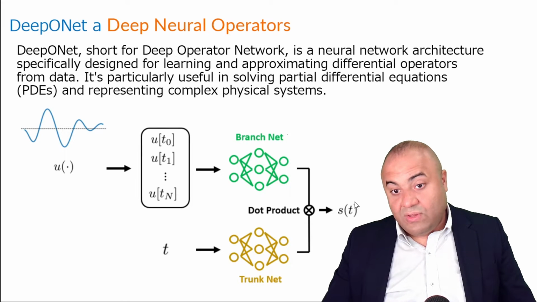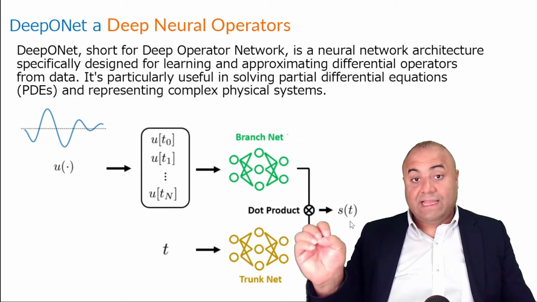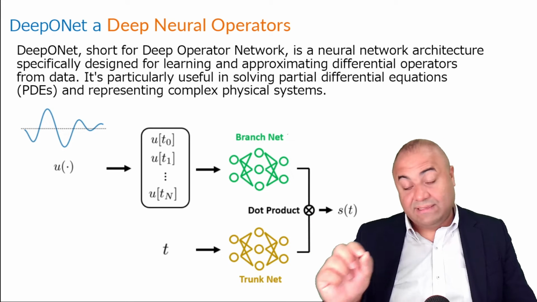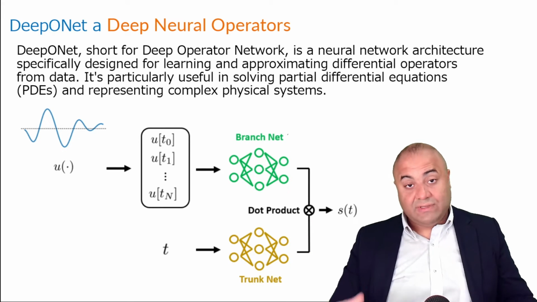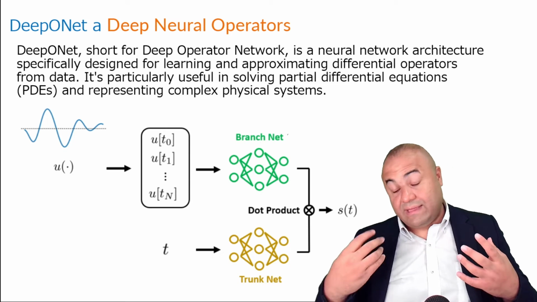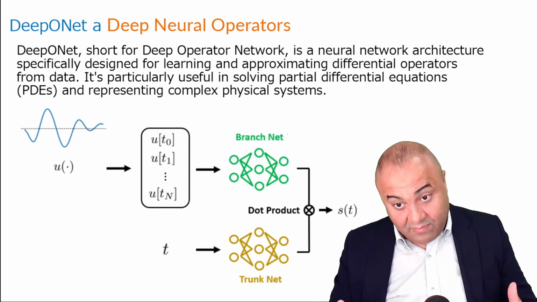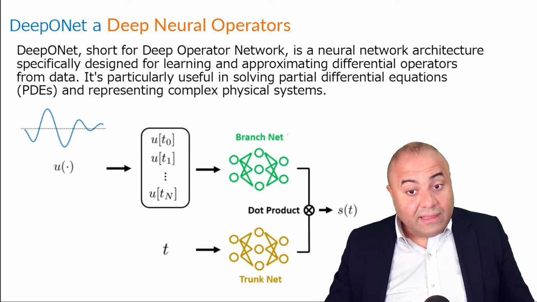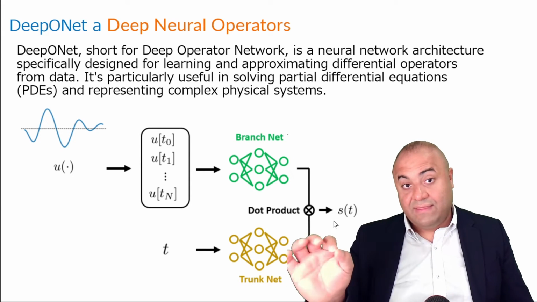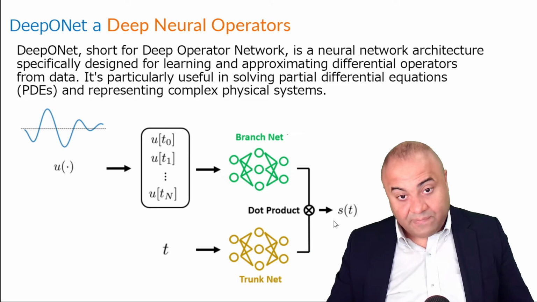This number, we will relate this S of t with the actual value that you need to calculate at this specific location. So we can enter the location x, we can enter the time, and we will get the output, the value at this location.